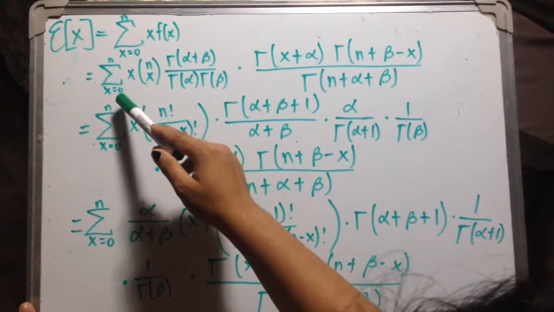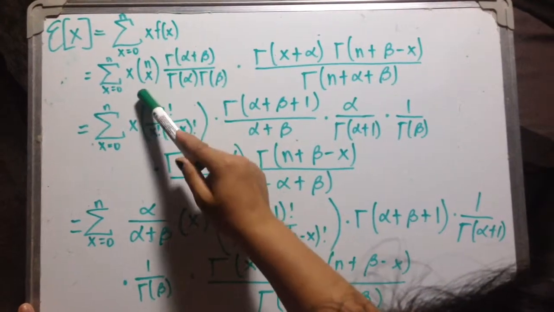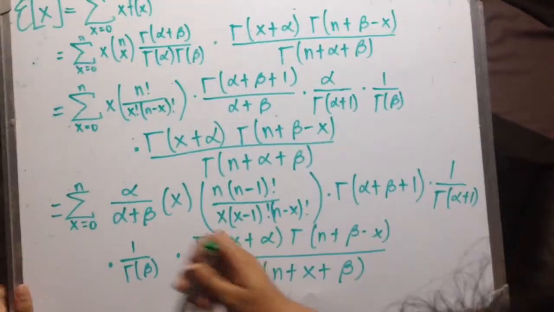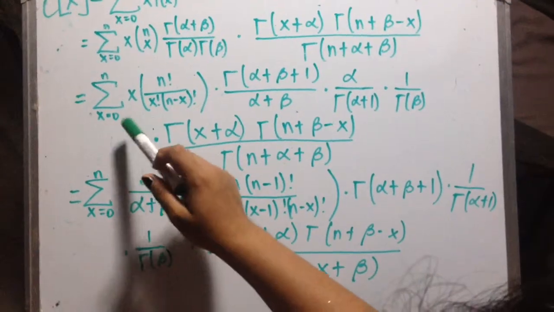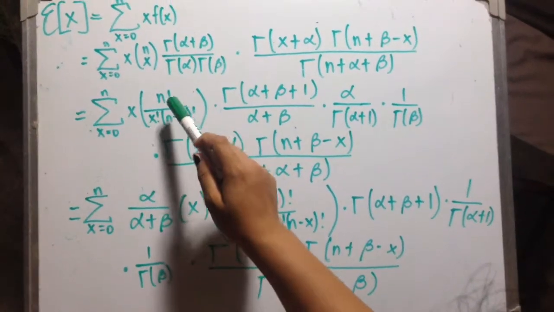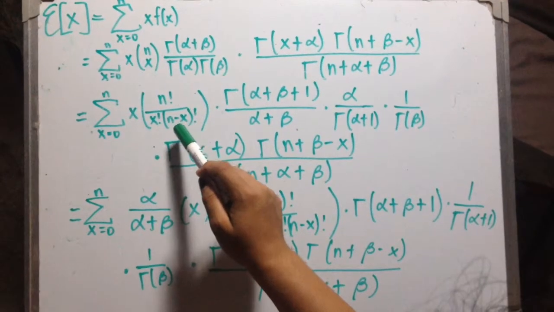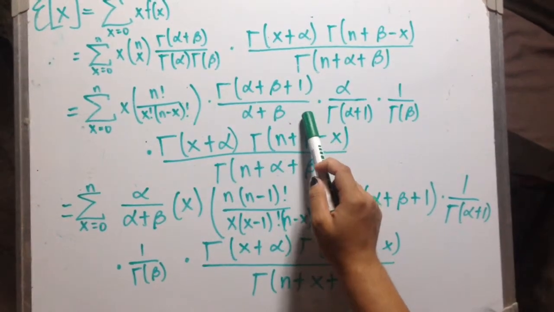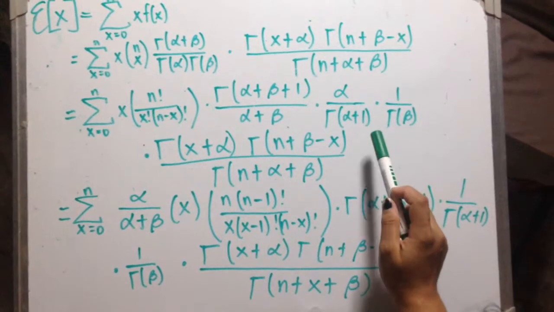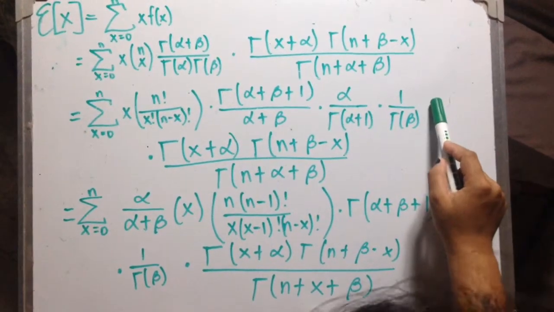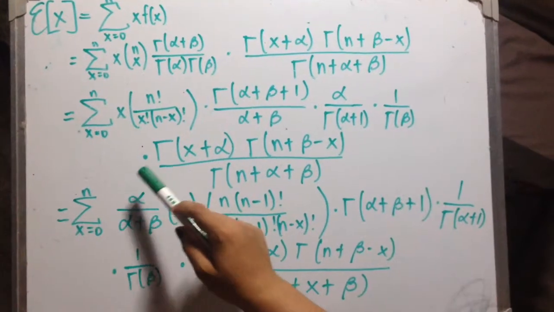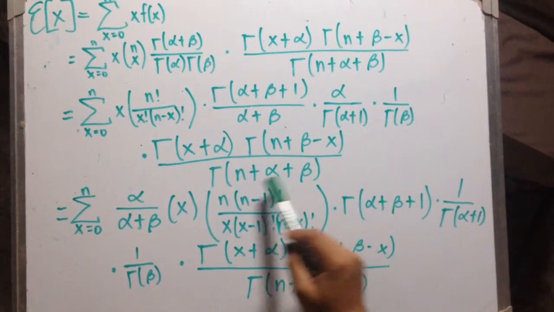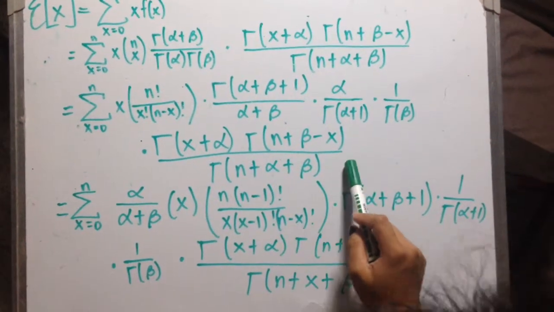We're just going to substitute the value of f of x, which is the n choose x, gamma, and so on. Then next we have this summation of x times n factorial over x factorial times n minus x factorial times the gamma of alpha plus beta plus 1 over alpha plus beta times alpha over gamma of alpha plus 1 times 1 over gamma of beta times gamma of x plus alpha times gamma of n plus beta minus x over the gamma of n plus alpha plus beta.